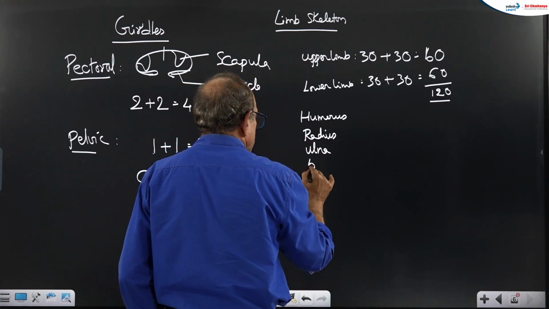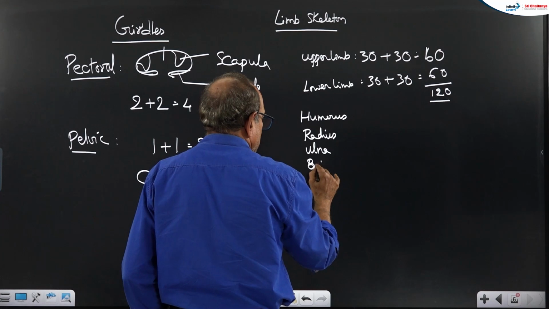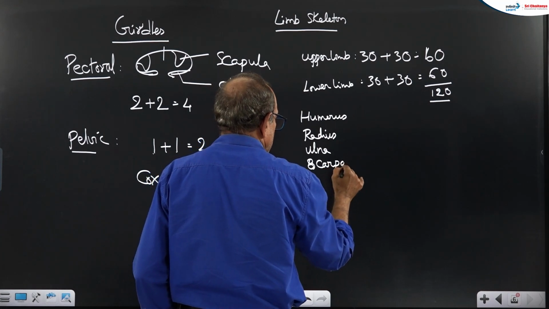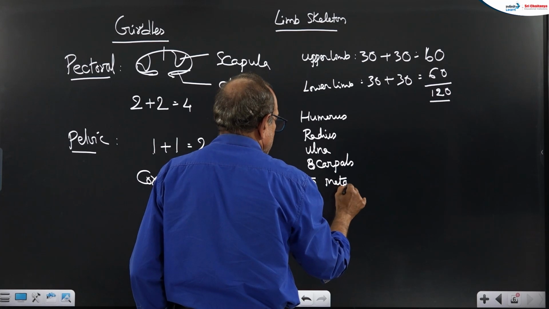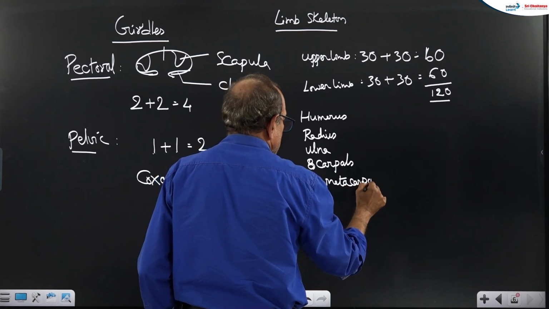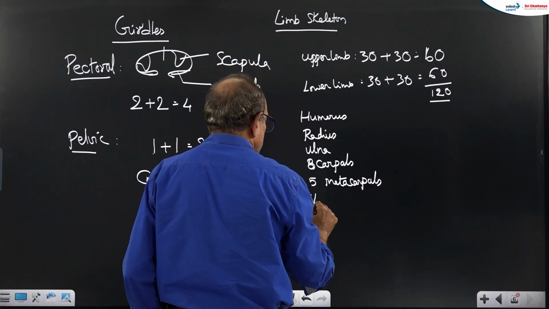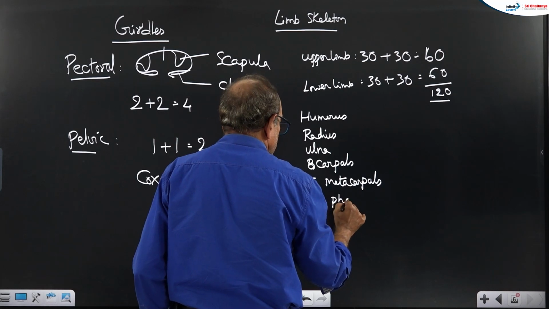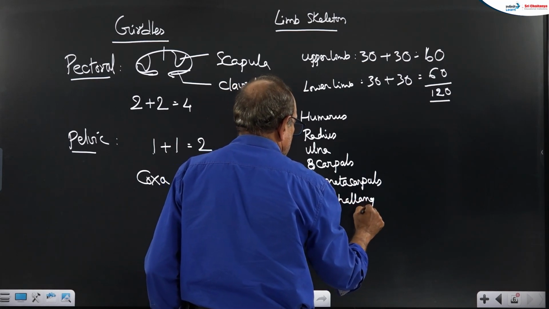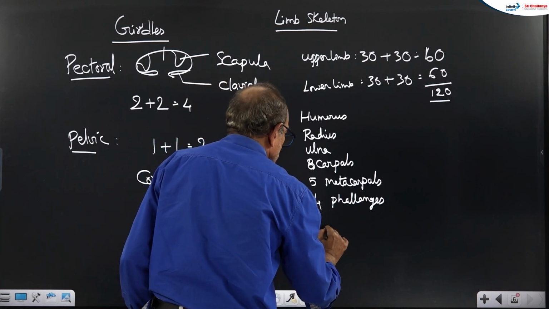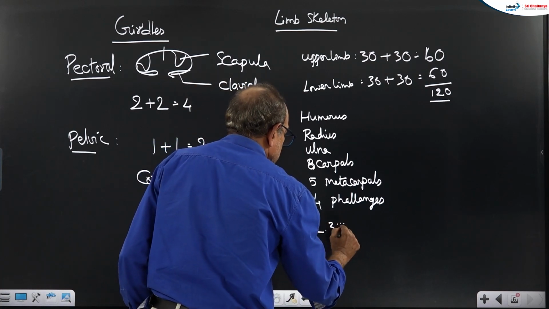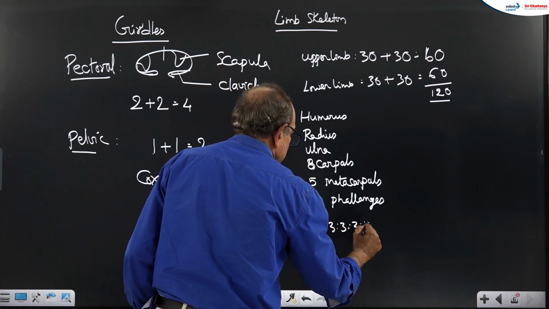There are 8 carpals, 5 metacarpals, and 14 phalanges. The phalangeal formula is 2, 3, 3, 3, 3.